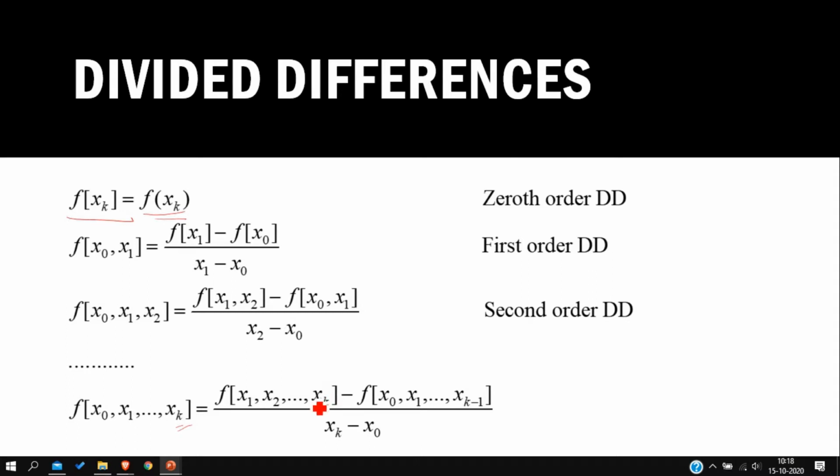Then the difference between two consecutive n minus 1th order divided differences is found, and divided by xk minus x0, or xn minus x0. This is the nth order or kth order divided difference. Here it is given as kth order, but if we replace k with n, it is the nth order divided difference also.